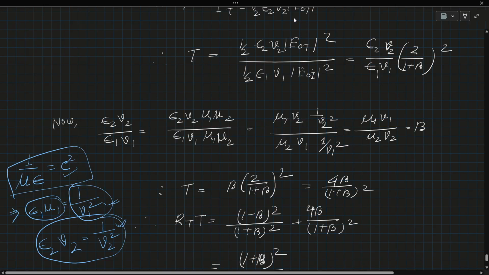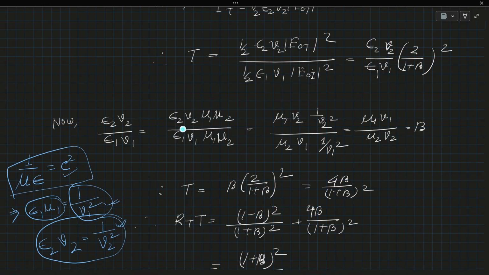Okay, so as you can see, I have taken these two terms, epsilon 2 and mu2, and these two terms v2 and mu1 remain as they are. So epsilon 2 mu2 will be 1 by v2 square, as I have written.